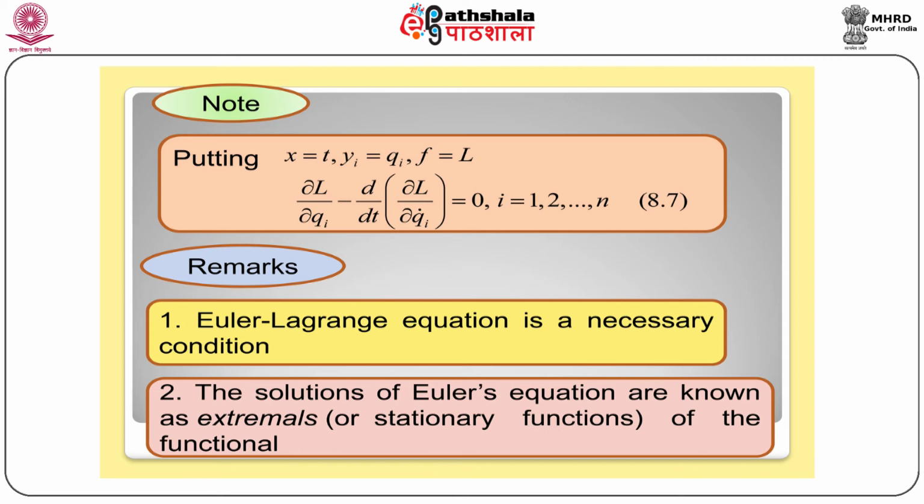These are Lagrange's equations of motion for a dynamical system having n degrees of freedom. q̇_i are the generalized velocities of that system.